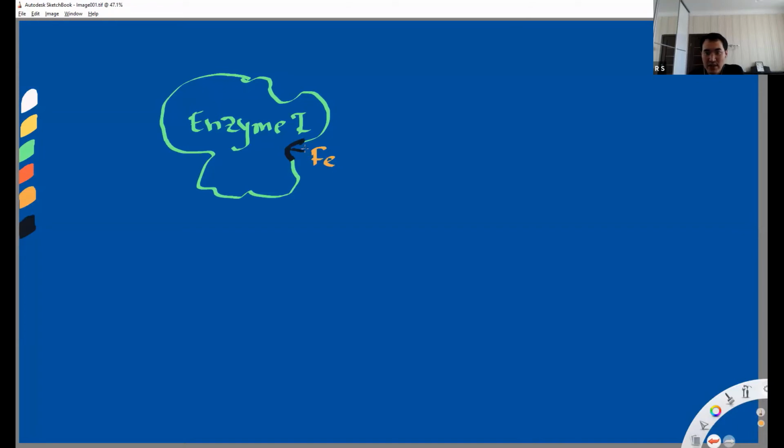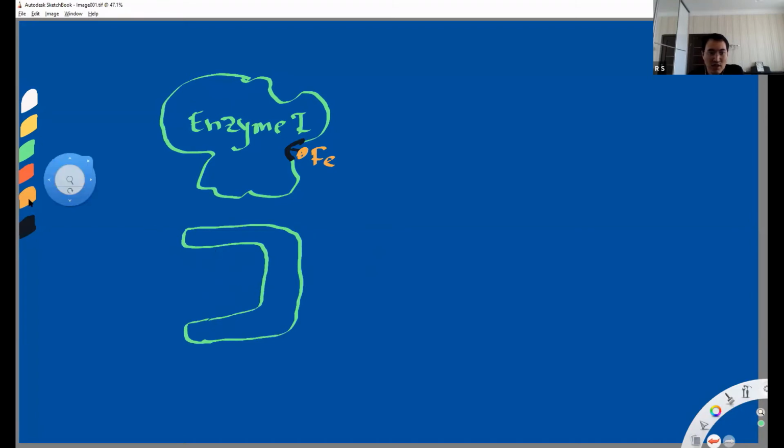Whenever iron attaches to this place, the enzyme becomes active and starts changing its conformation. Instead of this huge ball, it can become more suitable for some part of the reaction, but only if it's attached to iron.